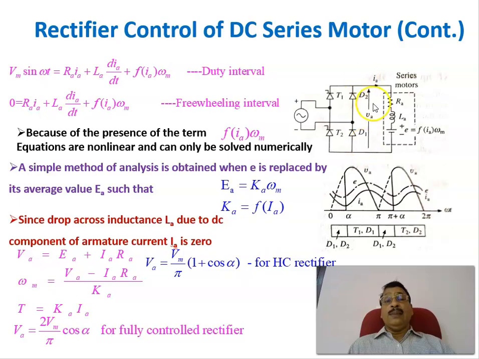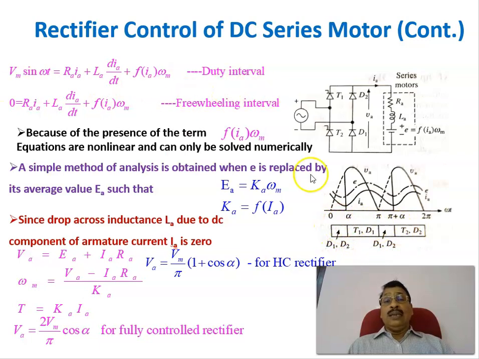That is the freewheeling period. During that period, the voltage will be zero and there will be a current through the armature. This is the current flowing through the armature, and the above one is showing the back EMF, small e, and this is the output voltage, and these are the devices conducting for different durations.